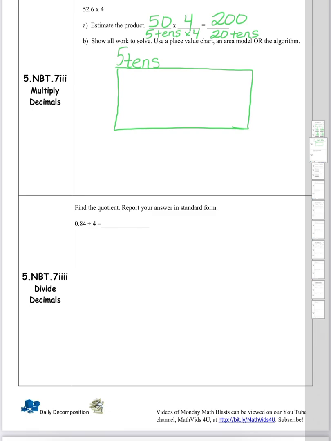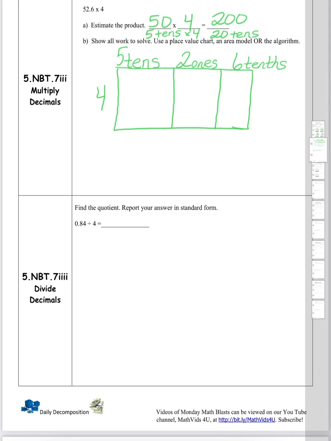I have 2 ones, and I have 6 tenths. So I just decomposed my 52 and 6 tenths into 5 tens, 2 ones, and 6 tenths. And I want to multiply all of that by 4.